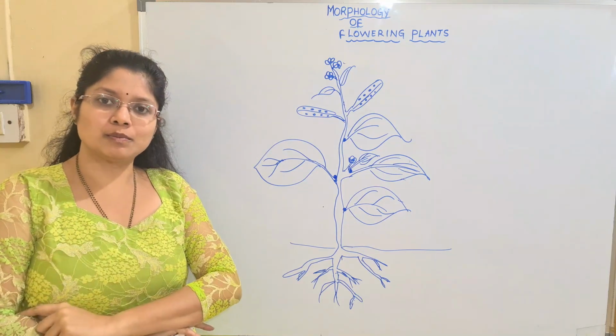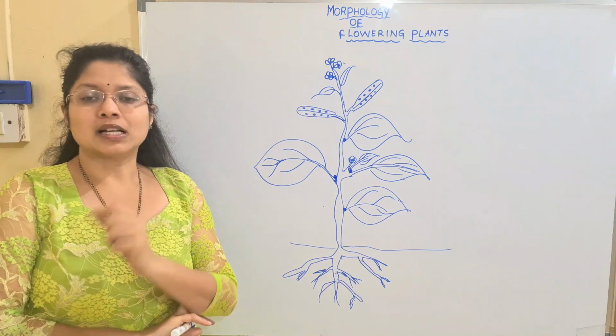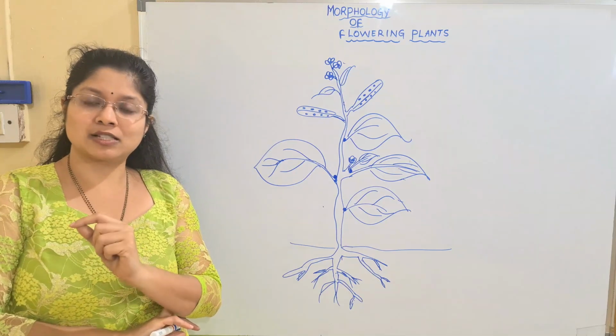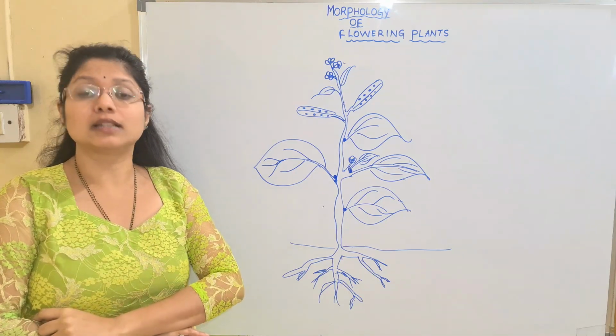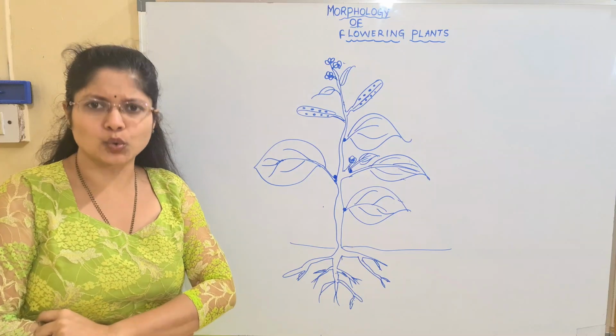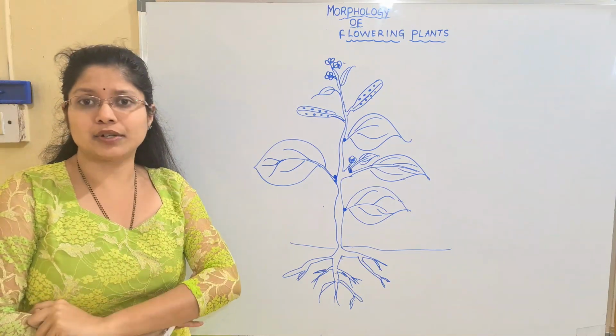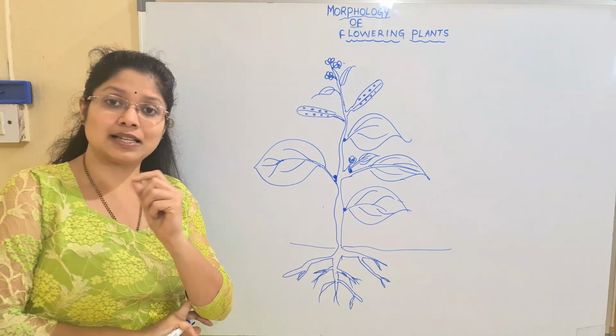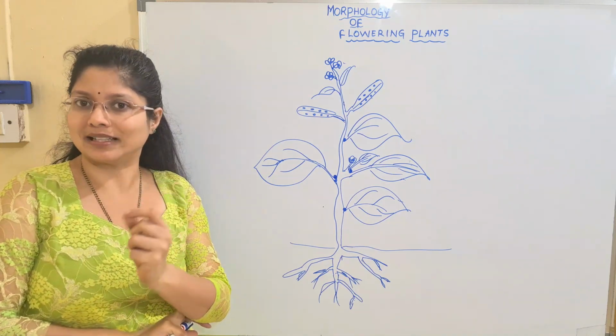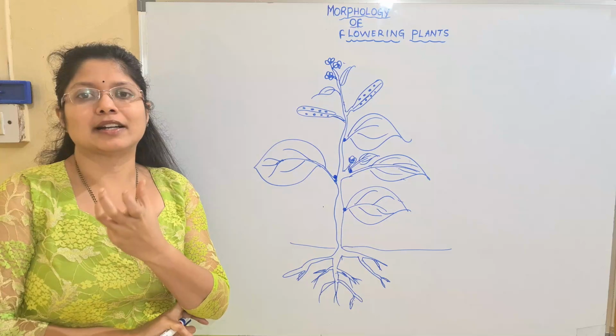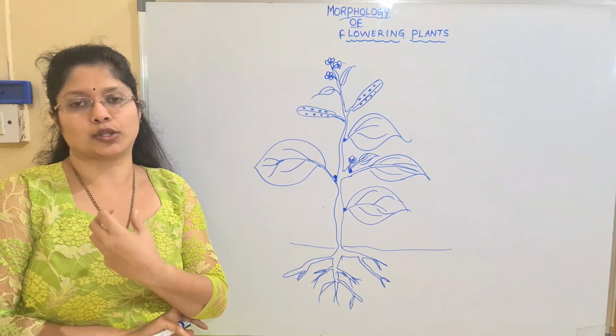In gymnosperms, there is a small difference here. Gymnosperms will produce seeds, but those seeds are said to be naked seeds. Why? Because the fruit is absent there. But there is an additional feature in angiosperms, that the seeds are covered by a protective layer, and it is said to be the fruit.